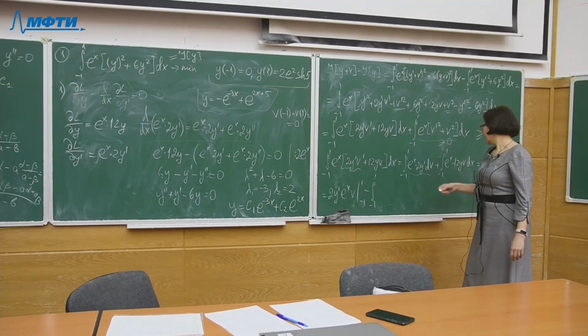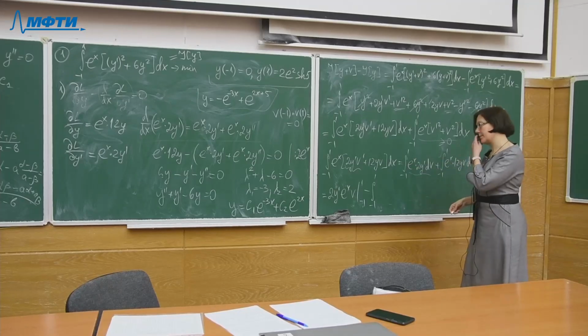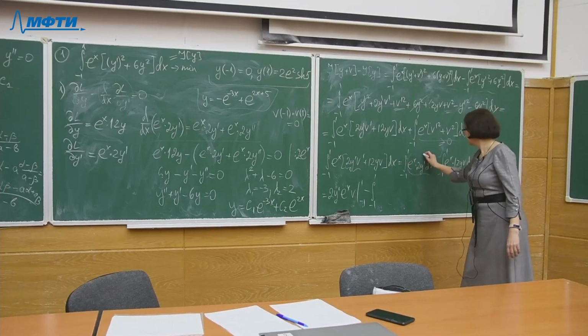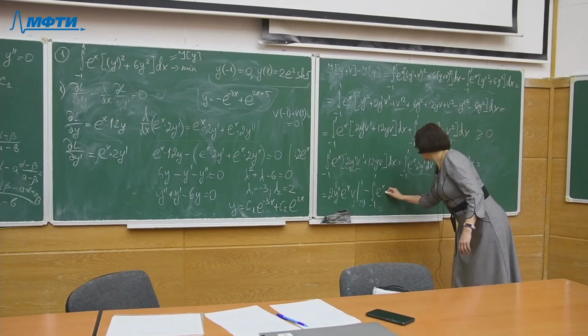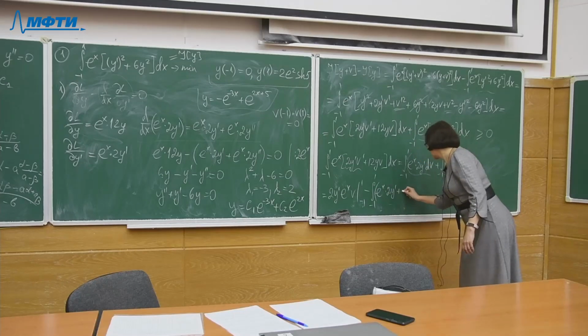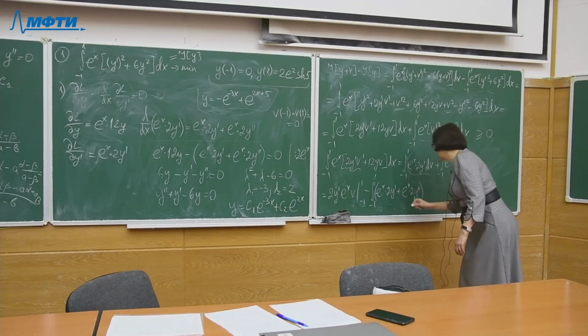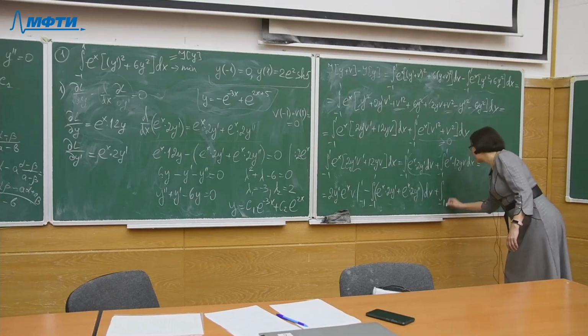Okay, and then the derivative of this part. We must take the derivative of this part. It will be e to x times 2y prime plus e to x times 2y double prime dx, plus, and we rewrite this part.